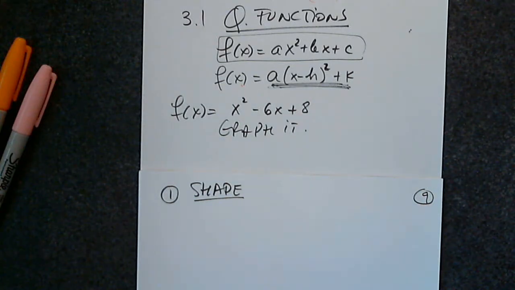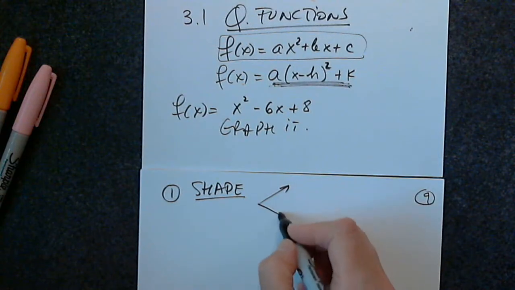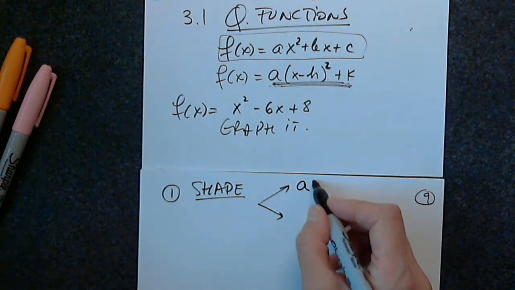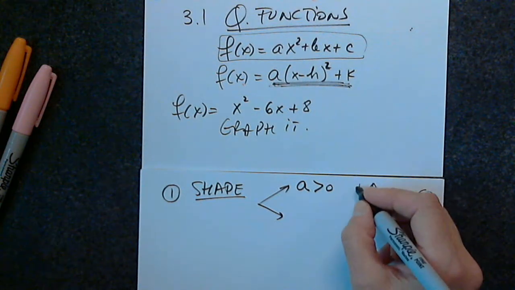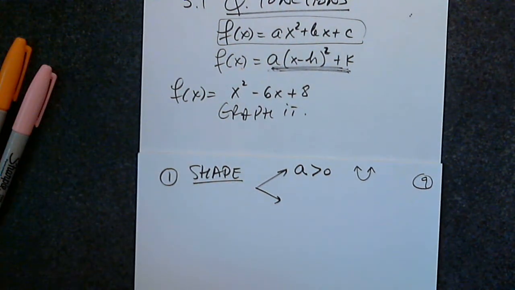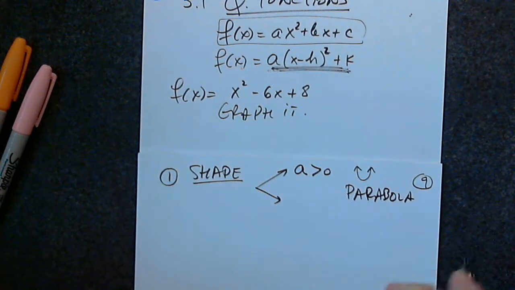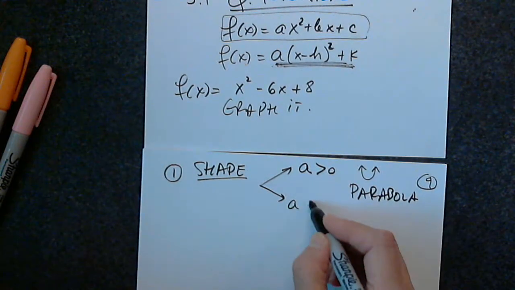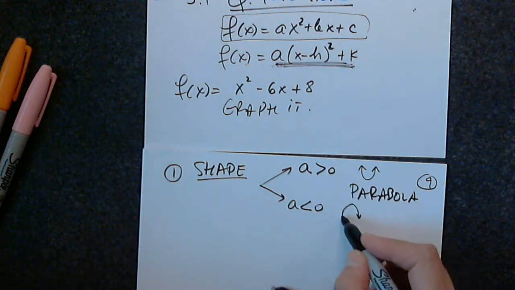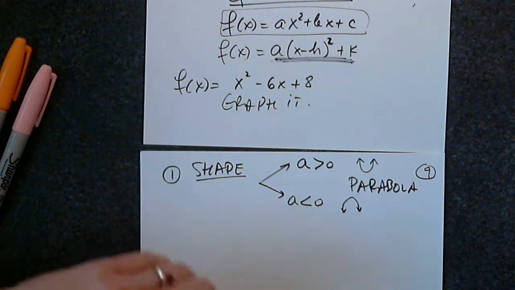If it opens downward, the leading coefficient must be negative. So these are the two possibilities. If the leading coefficient is positive, the quadratic function looks like this. By the way, the name is a parabola. Only for quadratic functions. And if the leading coefficient is negative, the parabola looks like this.